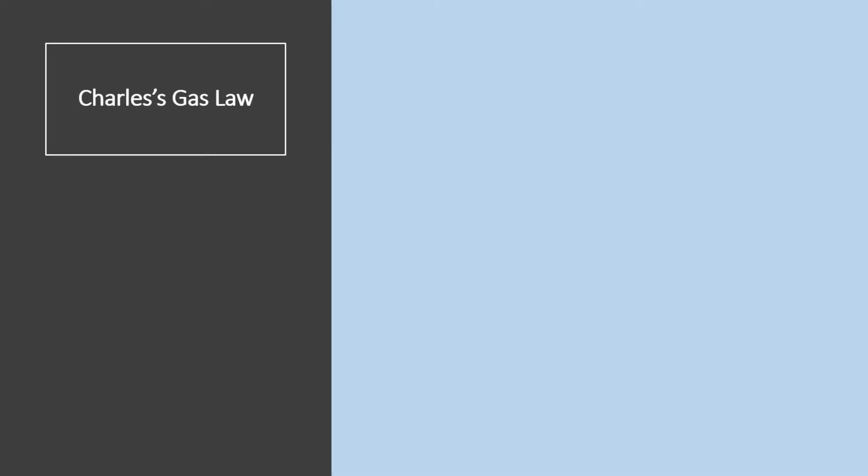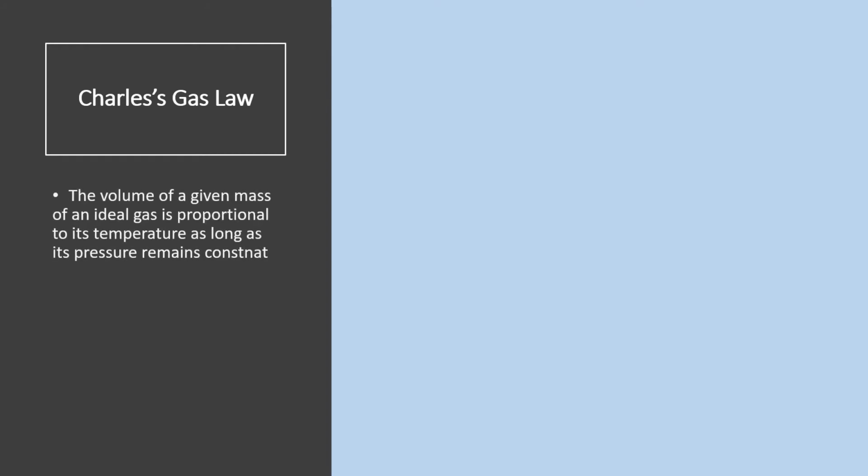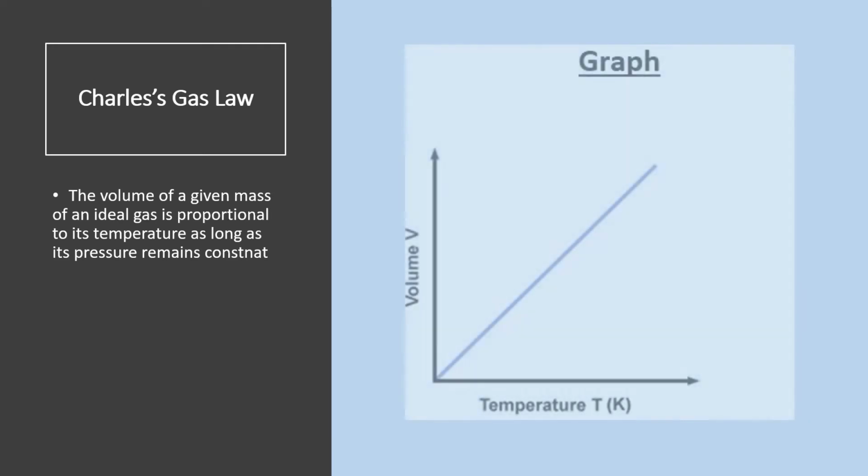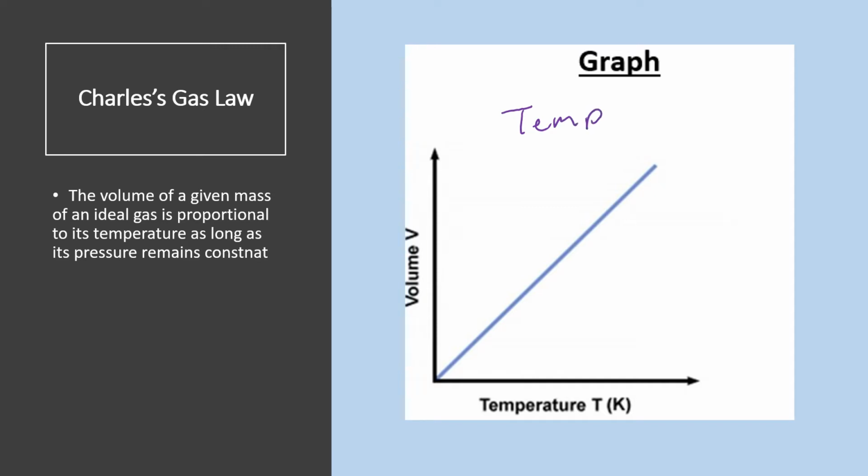So let's talk about Charles's law. Charles's law states that the volume of a given mass of an ideal gas is proportional to its temperature as long as its pressure remains the same. So what this is saying is that as our temperature increases, our volume increases.